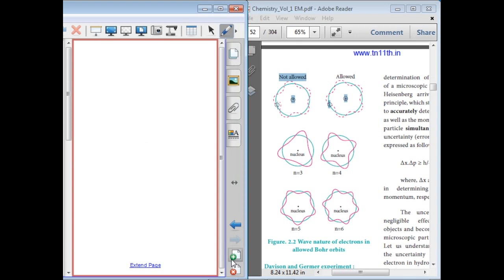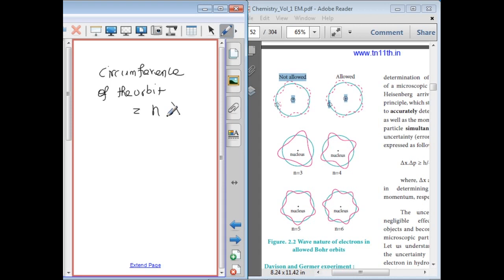So according to him, the moving electron in the circular orbit behaves like a particle. The electron can revolve only in those orbits where the angular momentum of the electron is an integral multiple of h by 2 pi.